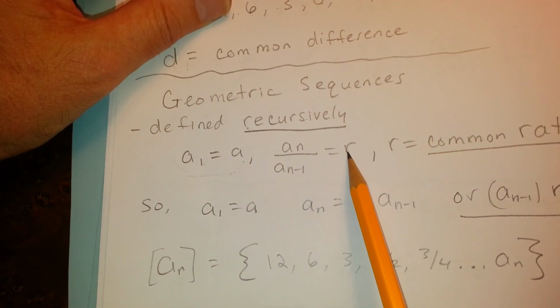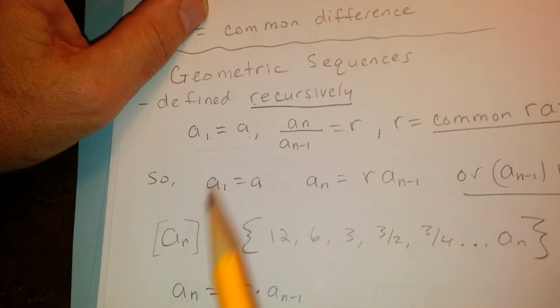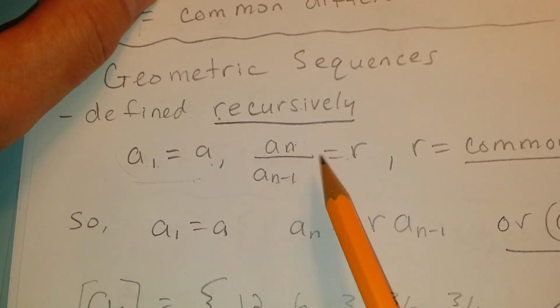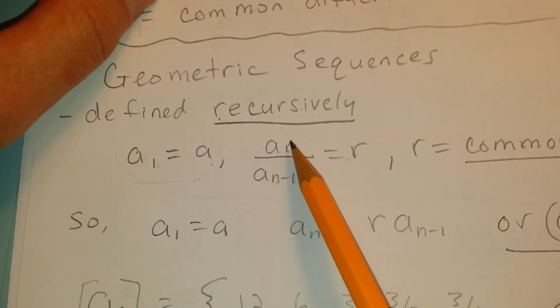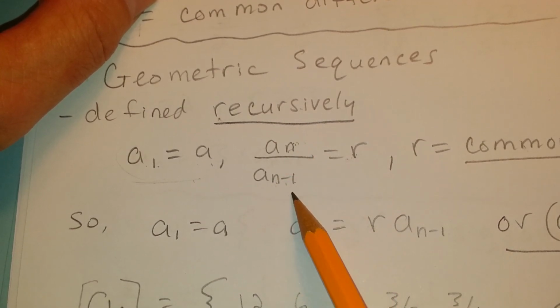We have a common ratio, not a common difference, and that's a sub n divided by a sub n minus 1. That means like the 9th term divided by the 8th term, the 10th term by the 9th, the 2nd divided by the 1st. So this is the a sub n and the prior term.